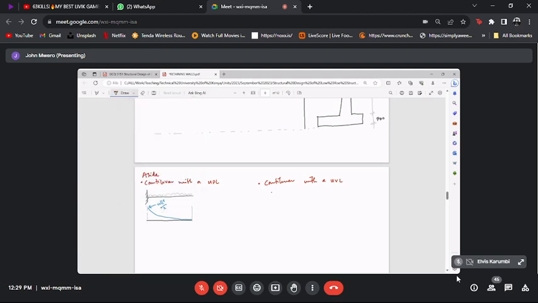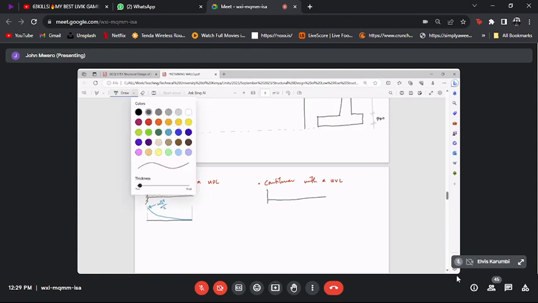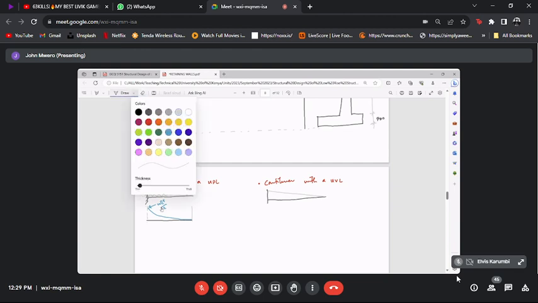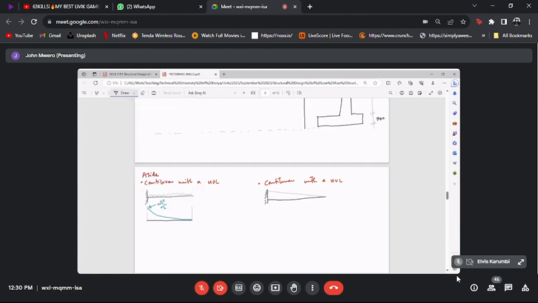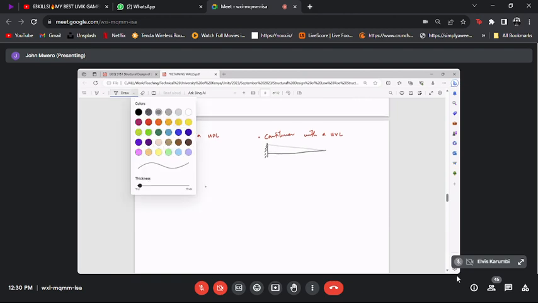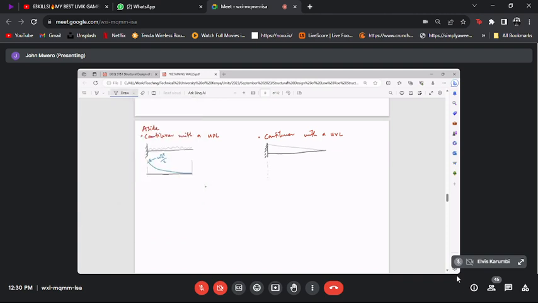So we have a cantilever, and if the loading is a triangle like that, so it increases linearly, like what we have for this wall, the bending moment diagram is still a parabolic bending moment.